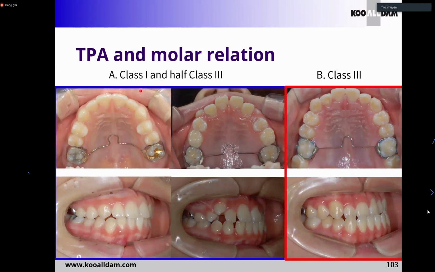Okay, we may use TPA, especially in molar derotation or anchorage management. However, in class 3 malocclusion, in order to control the upper molar over eruption, we may use TPA.